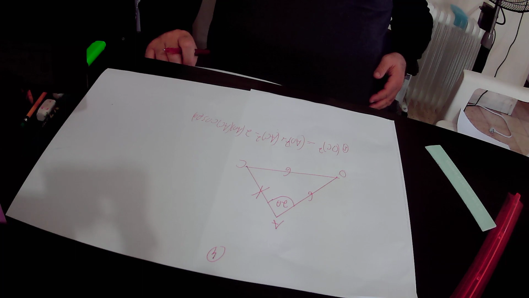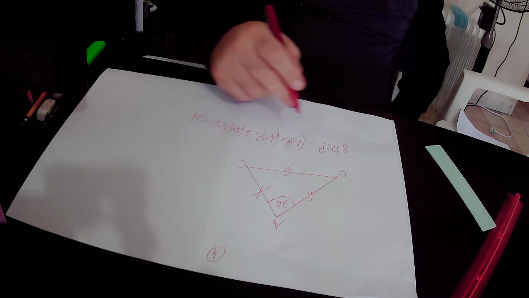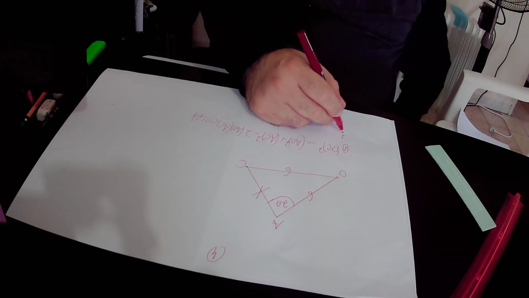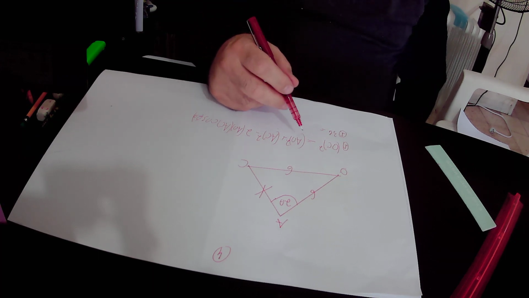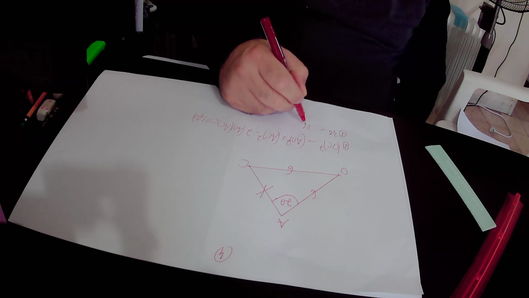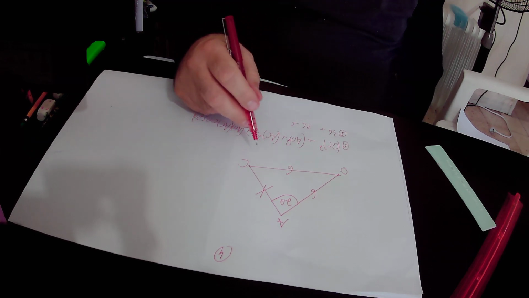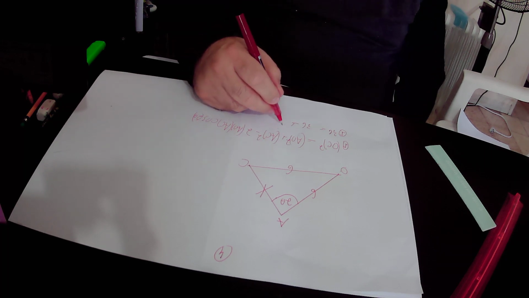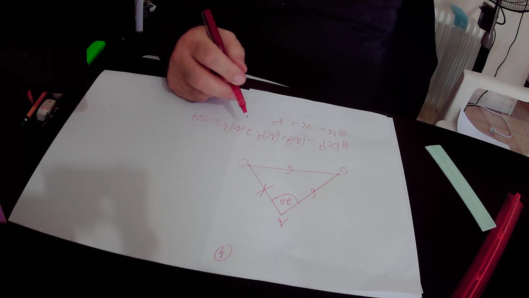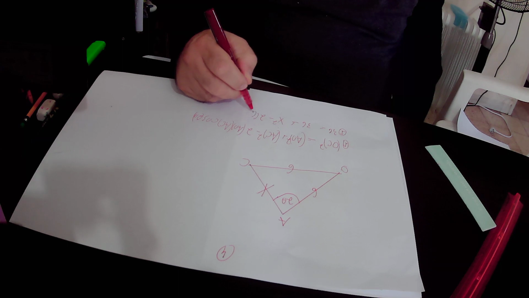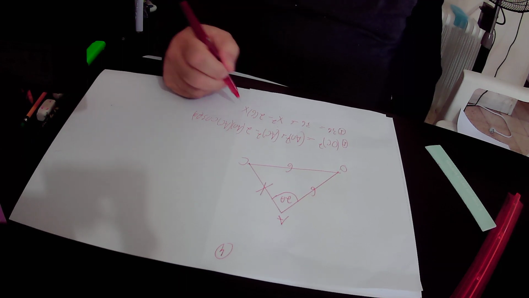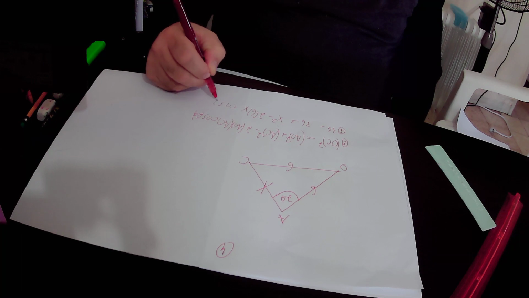OC equals 6. So OC squared is 6 squared, that is 36. And it is equal to AO squared, 6 squared, that is 36, plus AC squared, AC equals x, so x squared, minus 2 times 6 times x times cosine 2 theta.